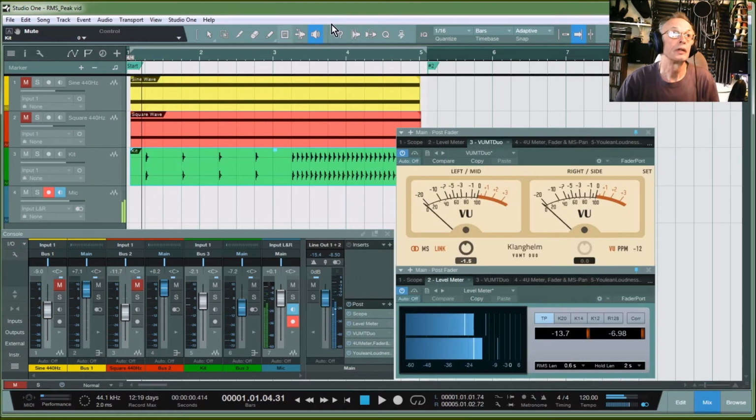Now I've set each of these in the peak meter to read -10 or thereabouts.